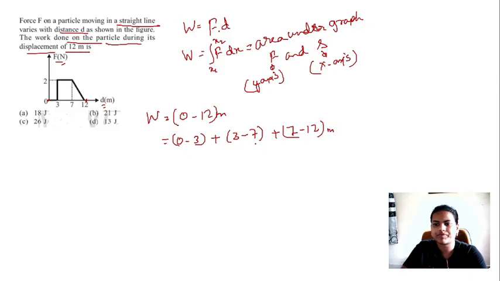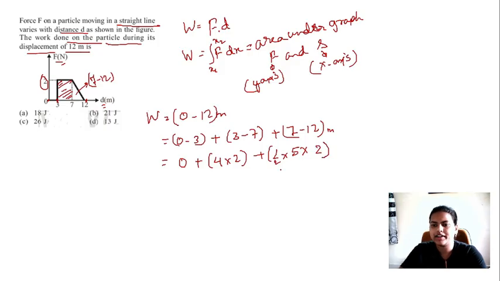From 0 to 3, the force is 0, that's why the area would be 0. From 3 to 7, the force acting on the body is 2 Newton, so this area is 4 into 2, plus this is the area for 7 to 12, which is half into 5 into 2.